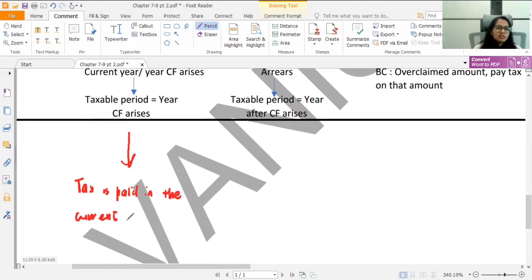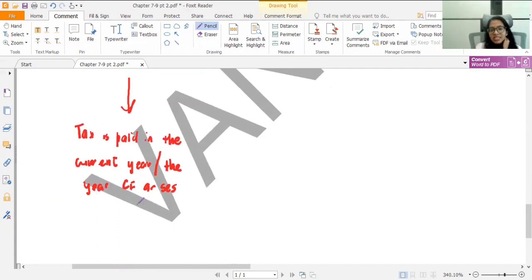All right. So when this happens, if you have a positive operating cash flow in year one, you will have a tax payment in year one. So remember, when your profit arises in year one, your tax will be paid in year one.